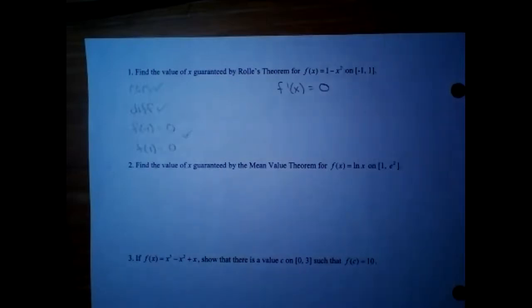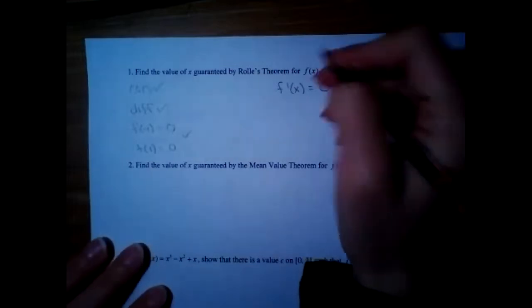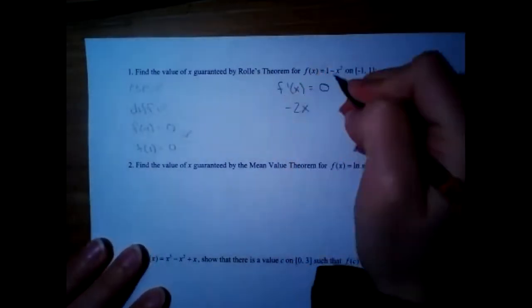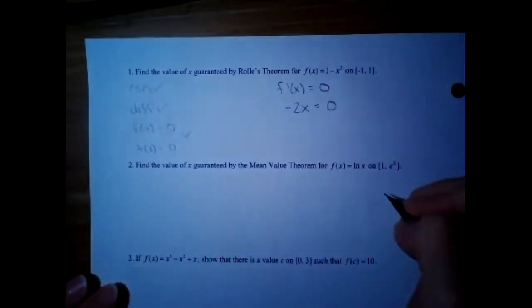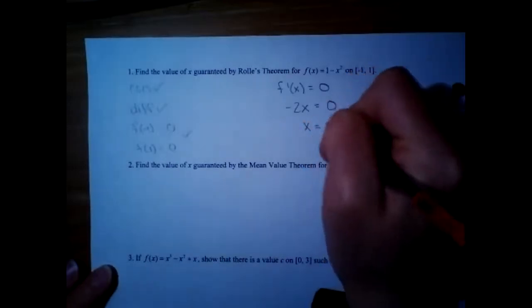Yeah, good, cool, thanks guys. -2x, the 1 is a constant, so that's going to be gone. Nice job remembering to keep the negative in there. So we're going to set that equal to 0. Cool, good job. And then divide over the -2 and you get 0.